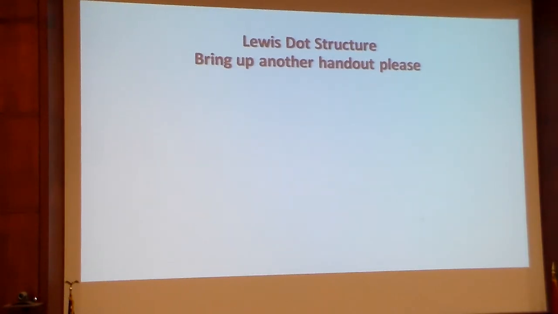Let's say you start with that. The test can ask you, what can it ask you? Can you guess? If you draw the structure, let's say you have water, 2 electrons right here. What are all the questions you expect to see? Bond angle, okay, it can ask you about bond angle. Anything else? Molecular geometry.